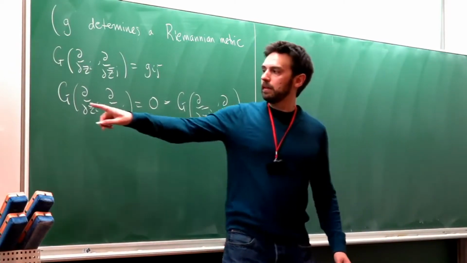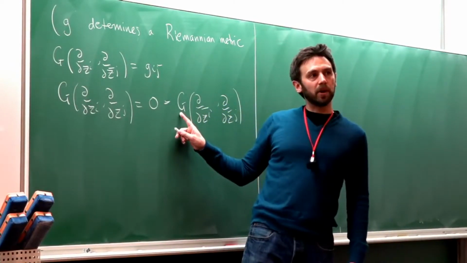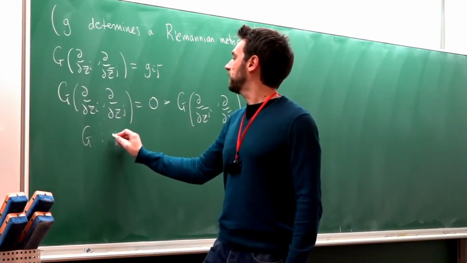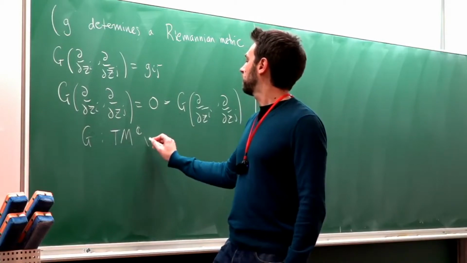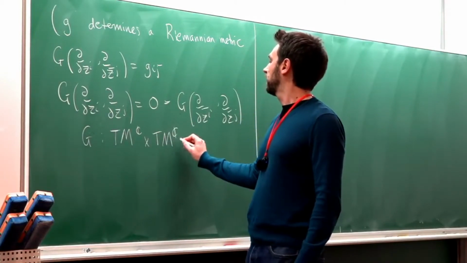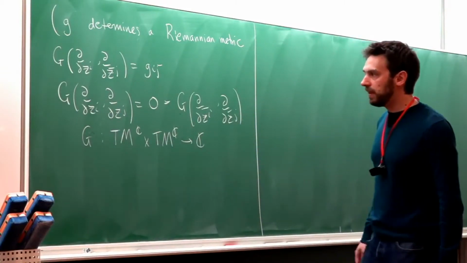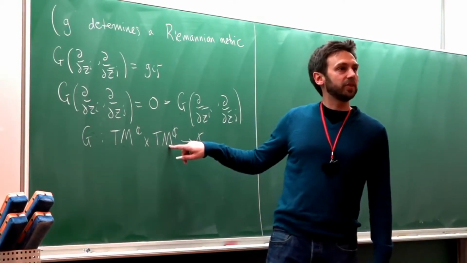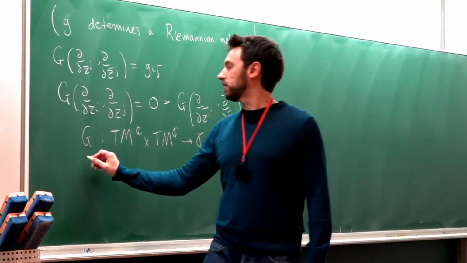Then this capital G would be a symmetric bilinear form on the complex tangent space. So G would be a map from T_M^C plus T_M^C to C. And then when you restrict it to the real tangent space, you get a Riemannian metric.